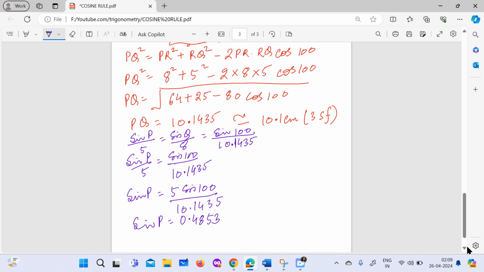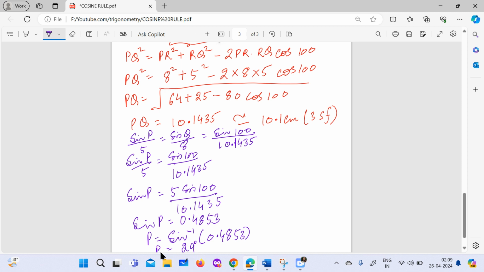Now you can put this value in your calculator. P is equal to sine inverse of 0.4853. Just put it in your calculator and you will get this as 29 degrees.